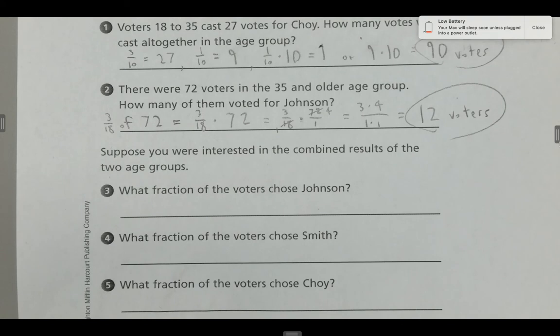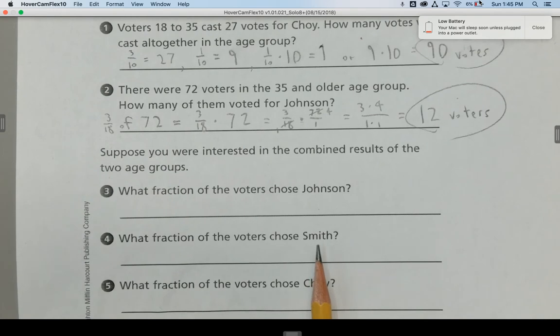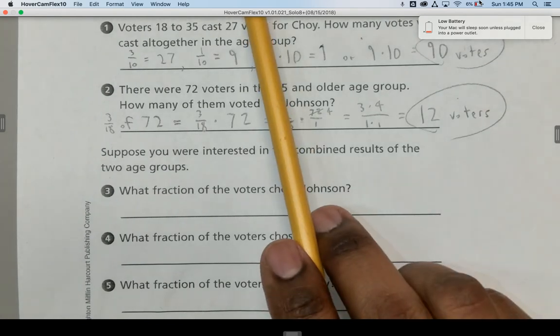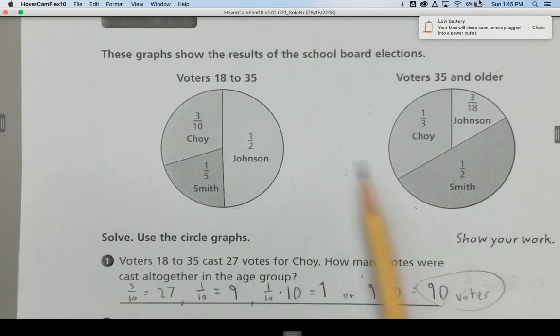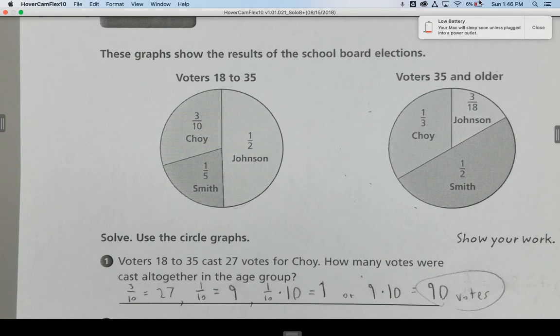To me, the way that makes the most sense would be to figure out the total number of voters in this group and this group, and then figure out how many votes Johnson got altogether. And we can then show that as a fraction. So it's not as simple as just taking this fraction and adding this fraction. And I'll tell you why.